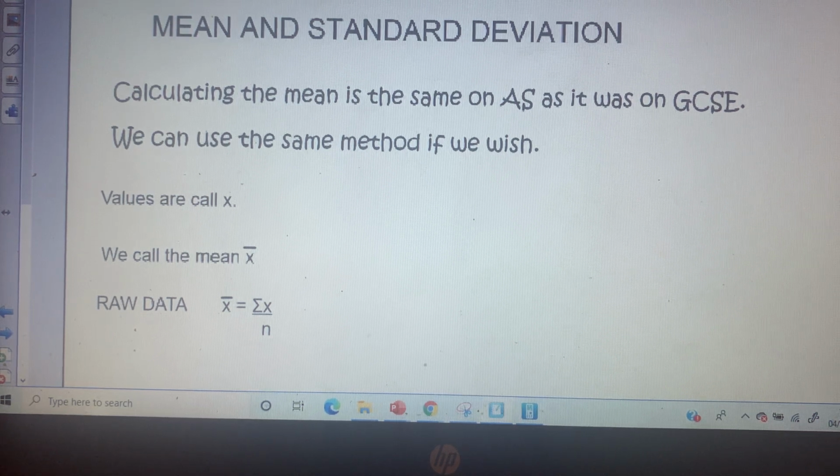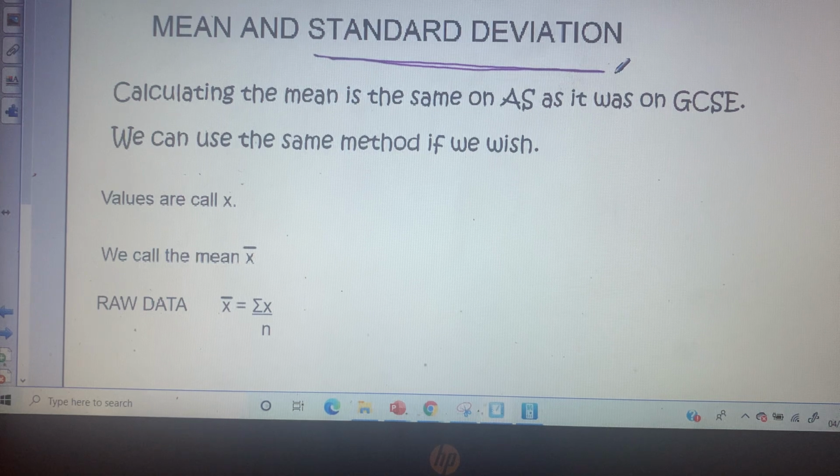We're going to meet a more mathematical measure of spread, standard deviation, and we find out more about what the standard deviation really is in year 13 statistics. We have a really strong definition of what it is when we meet the normal distribution in year 13, but we're just going to go with it here.